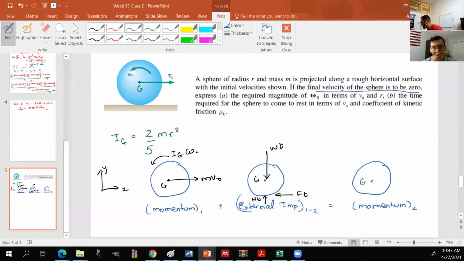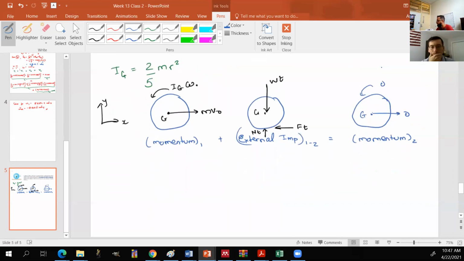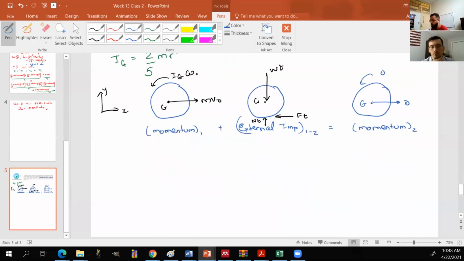Complete stop. Everything's zero. So this is zero, and your angular momentum is also going to equal zero. All right, so now let's do linear momentum in the y direction. From here, what's the linear momentum in the y direction?